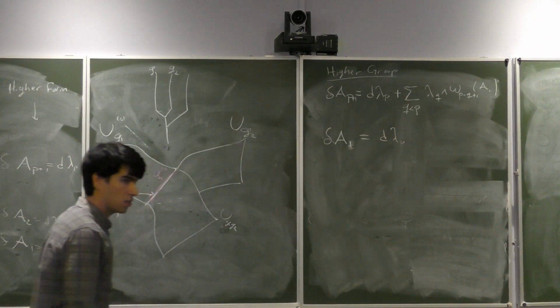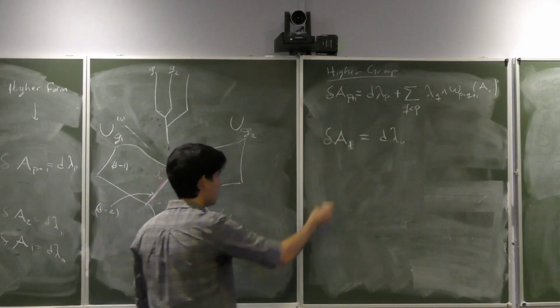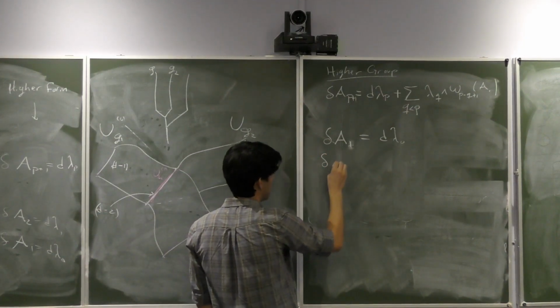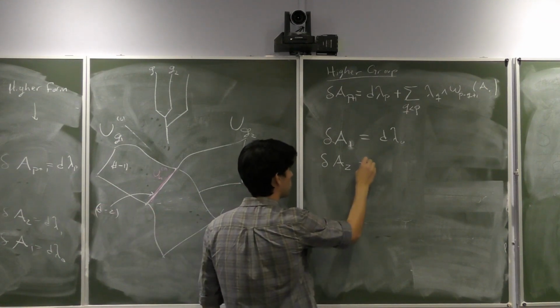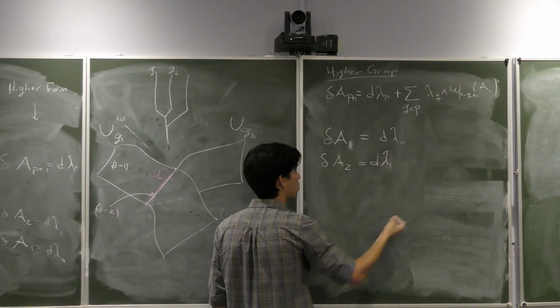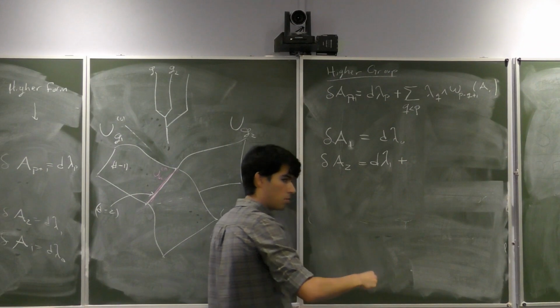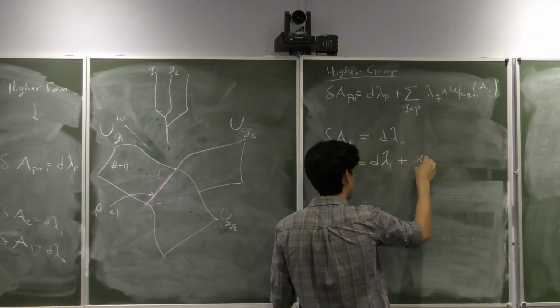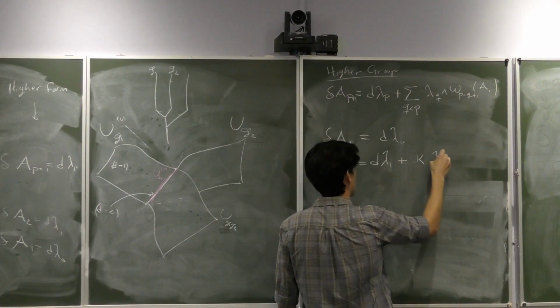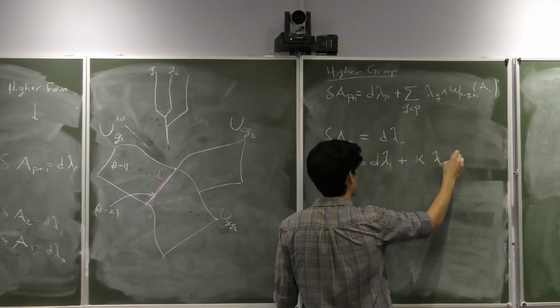There's nothing below it, so nothing can mix into it. But then the transformation of A2, the 1-form part, is going to be its own transformation, and the only thing below it is the 0-form. So you can have something that looks like some constant k times lambda 0.